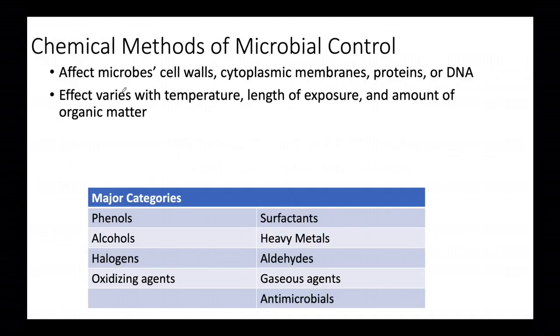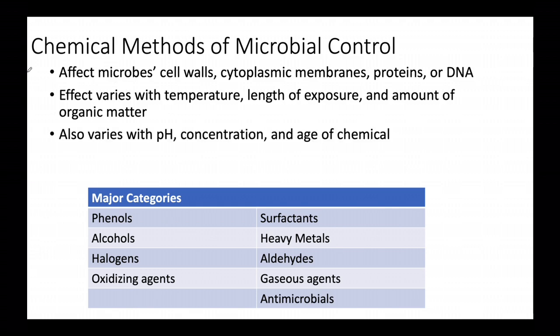Okay, so those first several items were focused on physical control, so temperature or radiation, etc. Now we're moving into chemicals. Chemicals are going to fall into these 9 different categories. Some of these might be familiar, others may not be. The goal here is understanding the category.